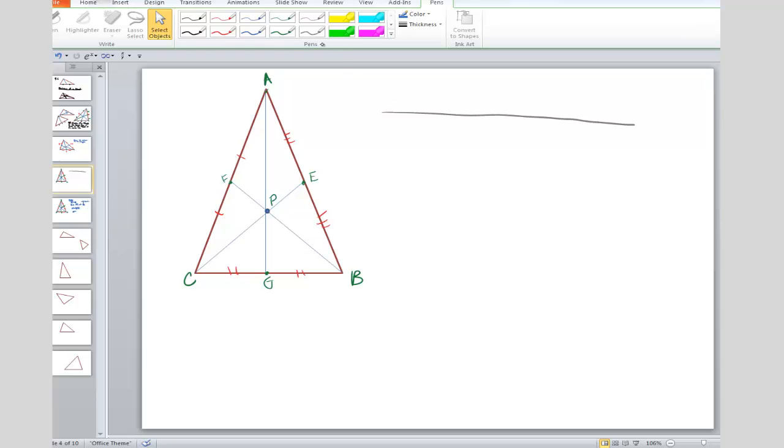So this is for the intersection of the medians. And it turns out that CP is equal to 2/3 of CE, of the entire thing.